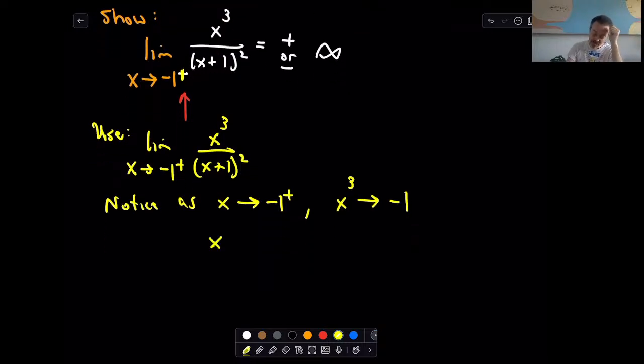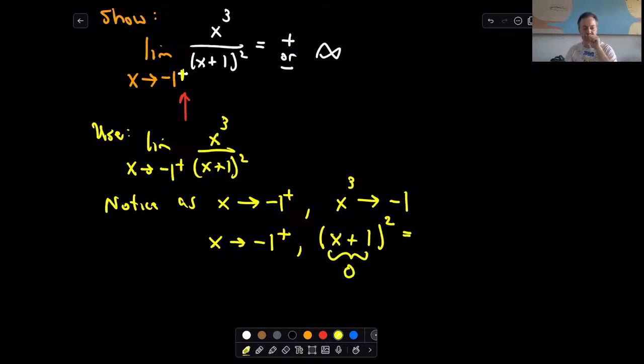And as x approaches -1 from the right, x plus 1 quantity squared, that inside is going to get really close to 0. If I plug in something close to -1 and square it, this is going to be close to 0, but positive. So I shouldn't write an equal sign, that's incorrect notation. I should say that this approaches 0 from the right.